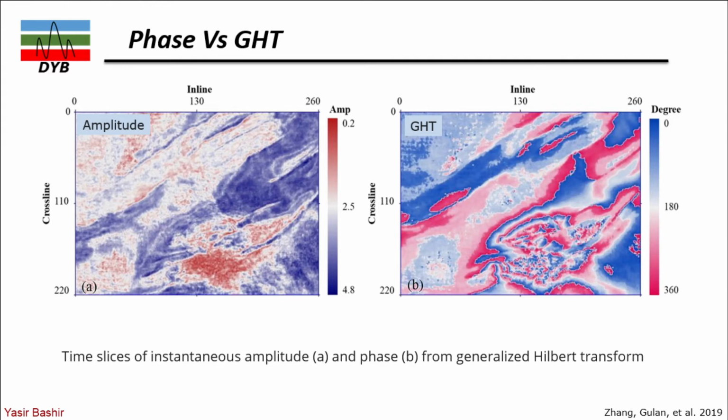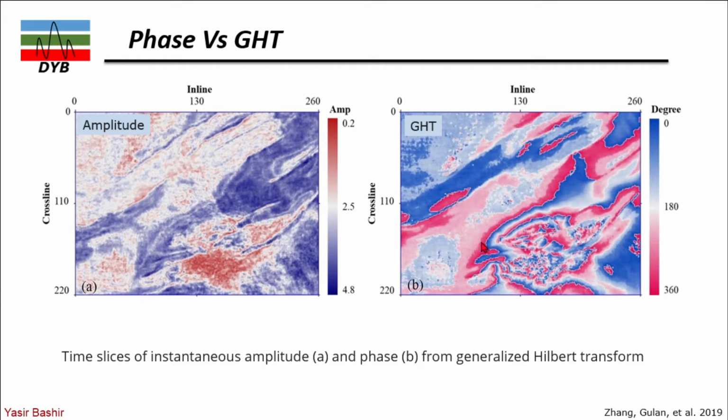Also, if you look at the generalized Hilbert transform on the right side, and this one is your amplitude. But this application has been performed on a time slice. In the time slice, if you look at these features, the amplitude does not represent the sharp edges of this channel or maybe this feature.